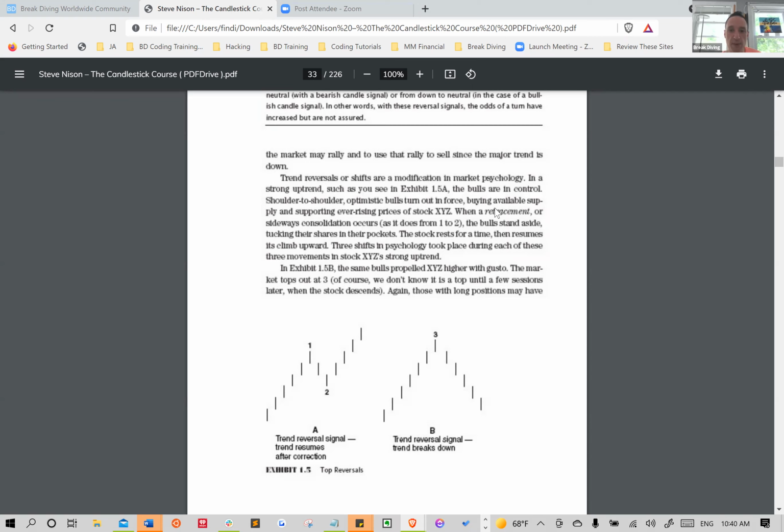When a retracement or a sideways consolidation occurs, as it does from 1 to 2, that's a retracement. The bulls stand aside, tucking their shares in their pockets. The stock rests for a time, then resumes its climb upward. 3 shifts in psychology took place during each of these 3 movements in stock XYZ's strong uptrend.